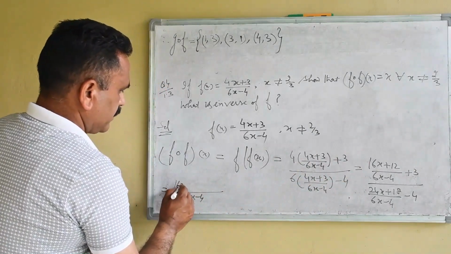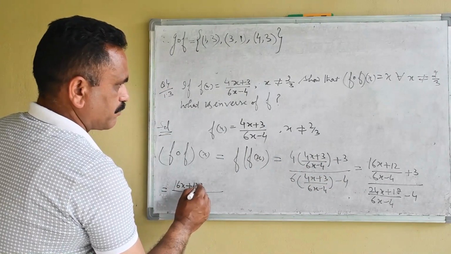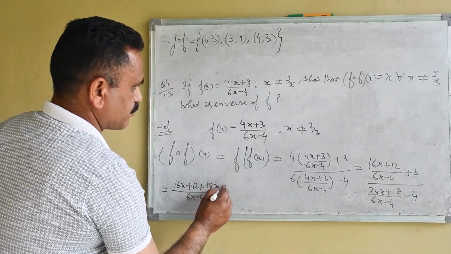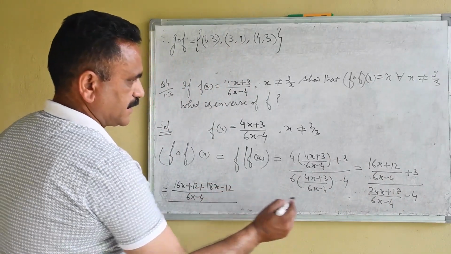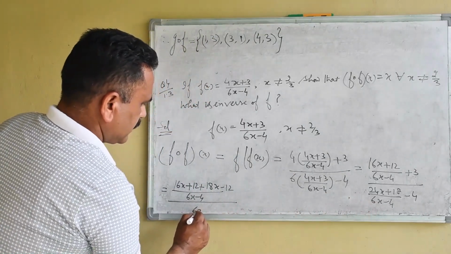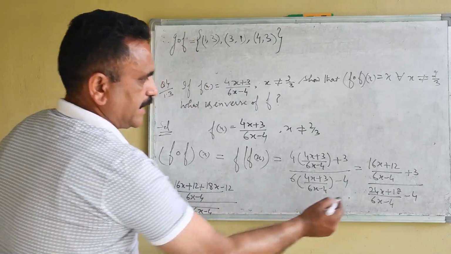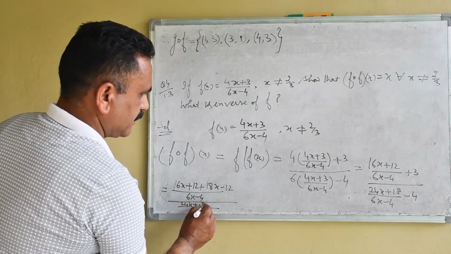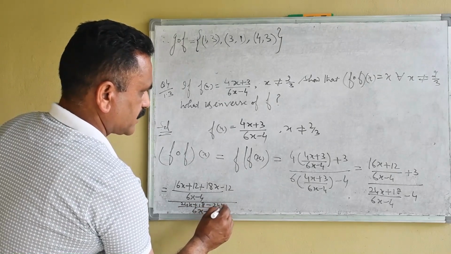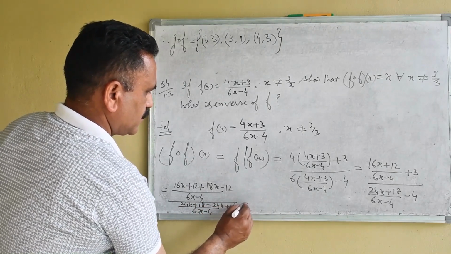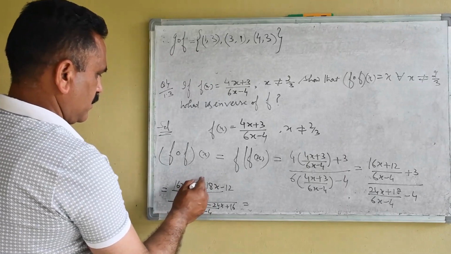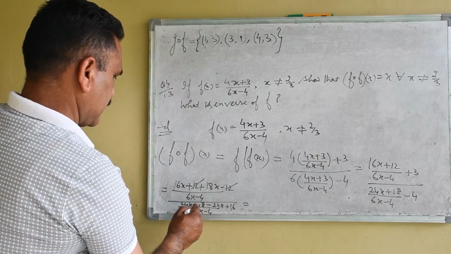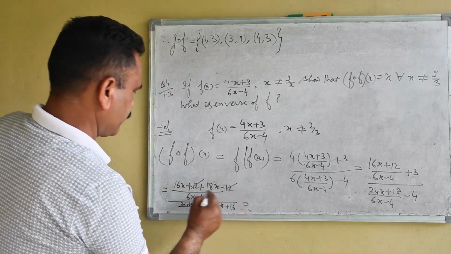So we get from here 16x plus 12 plus, we have to multiply this 3 with this, then it is 18x minus 12, whole divided by, similarly we take the LCM of the denominator, and we get 24x plus 18 minus 24x plus 16. So in the numerator this cancelled with this, and in the denominator this cancelled with this.